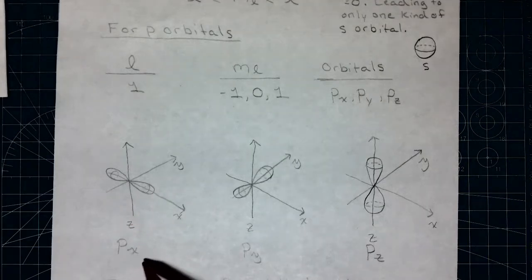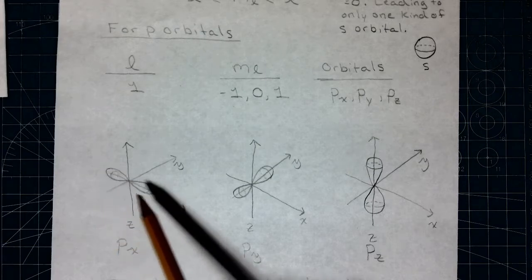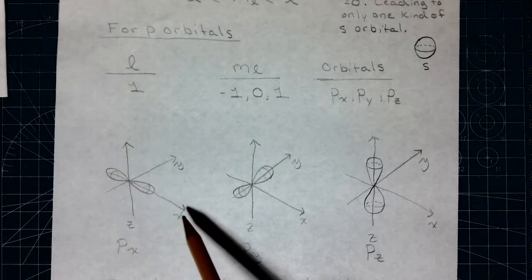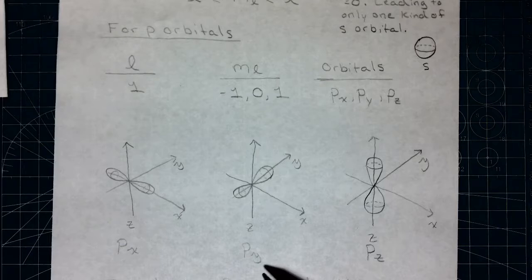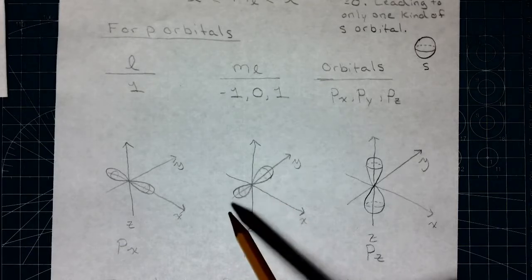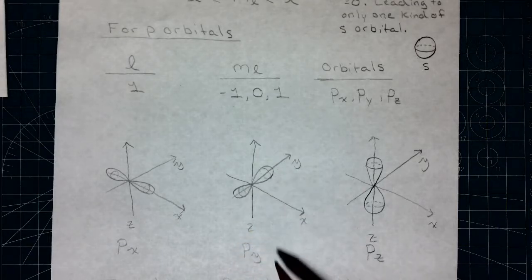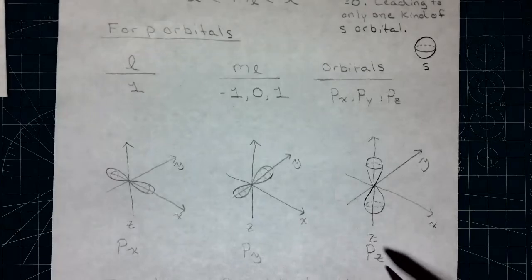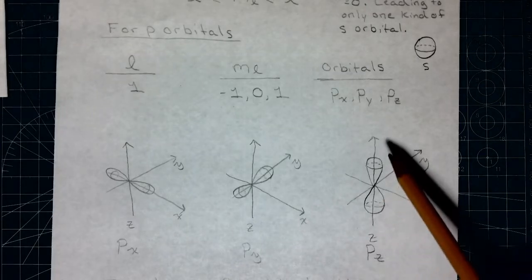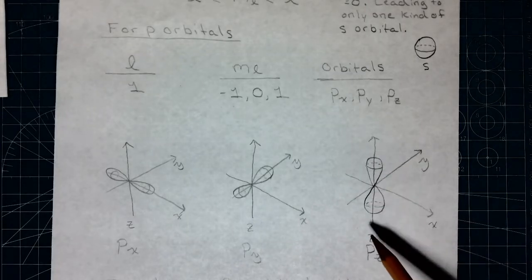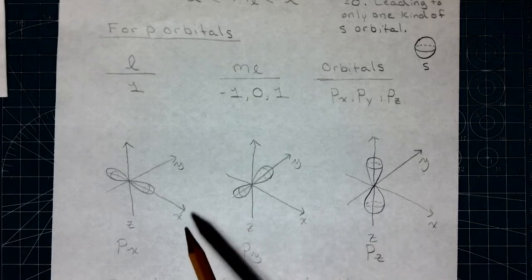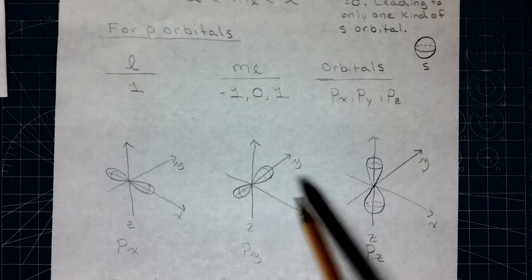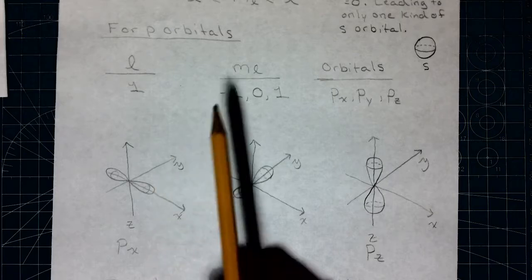Then the px orbital is going to be arranged along the x-axis. The py orbital would be around the y-axis, and the pz orbital would be aligned along the z-axis. So that leads to 3 different kinds of orbitals.